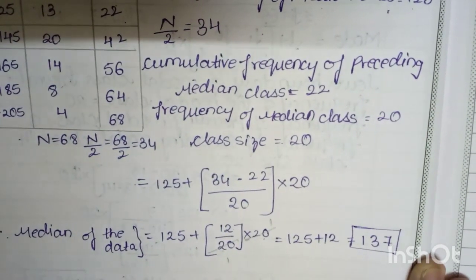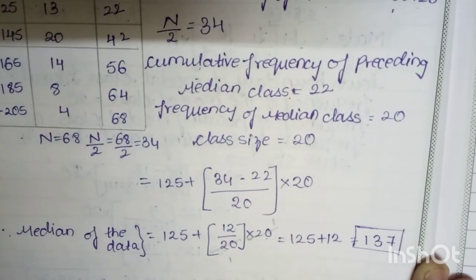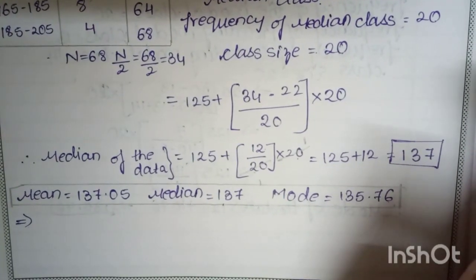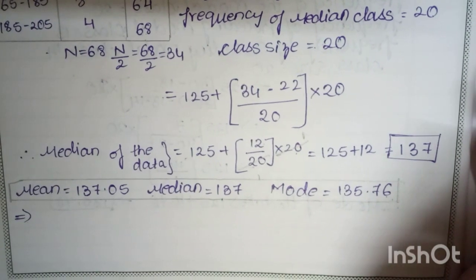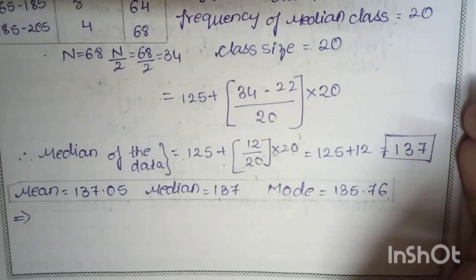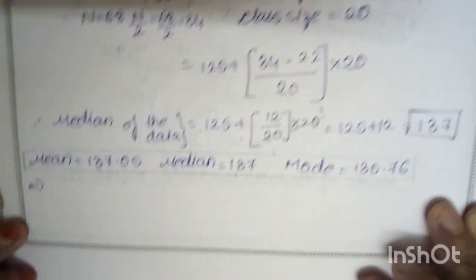They have given at the end of the question that we have to compare all the three values. So how to do? Let me explain. So friends, what is meant by compare? Compare means there must be a small sentence that we have to write at the end of the sum. So what is that sentence?